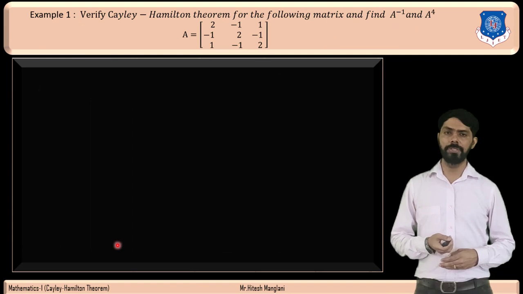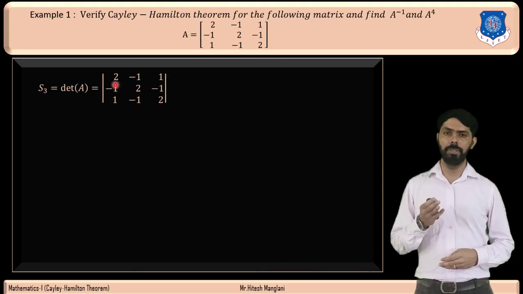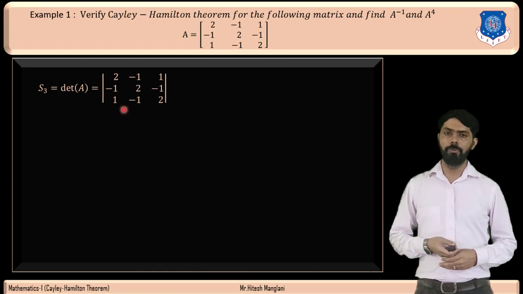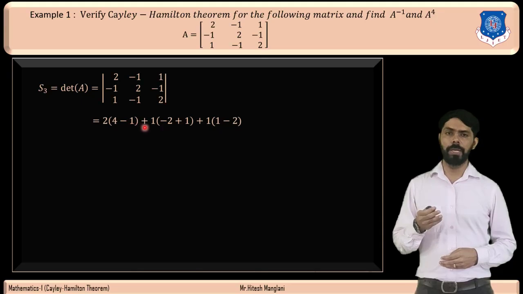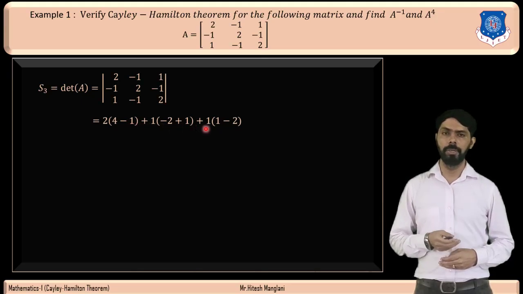Now we will find s3, which is equal to the determinant of matrix A. So the determinant of [2, -1, 1; -1, 2, -1; 1, -1, 2]. It will be 2 in bracket 4 minus 1, plus 1 in bracket minus 2 plus 1, plus 1 in bracket 1 minus 2.